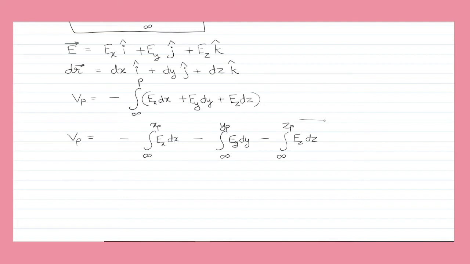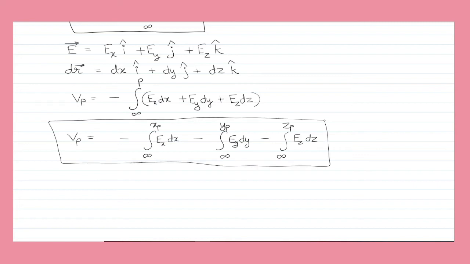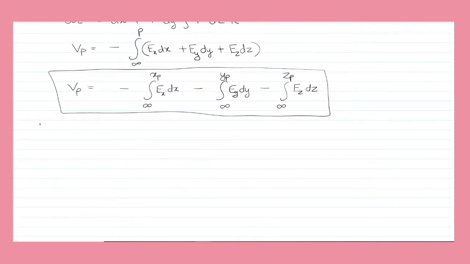Now this relation shows that potential actually depends on the electric field along x, y as well as z. Suppose Ey and Ez are 0. So in this case, the second term and the third term will be 0.